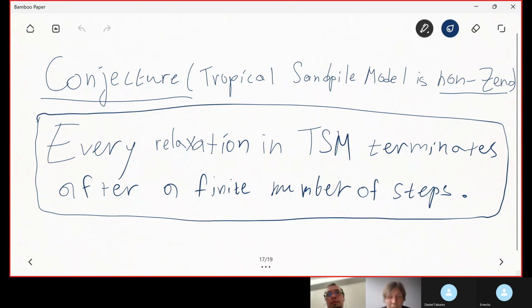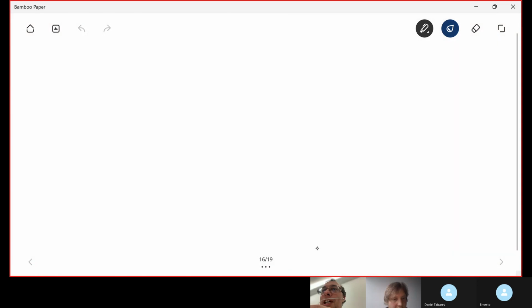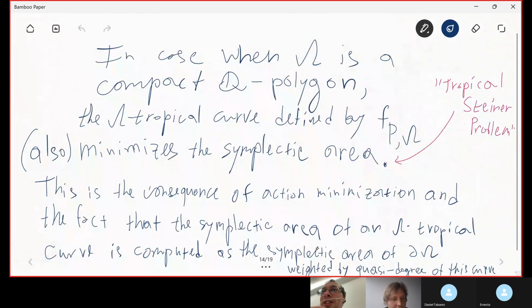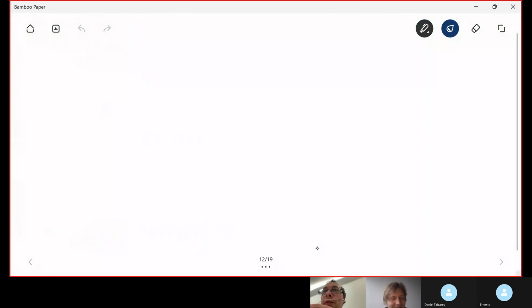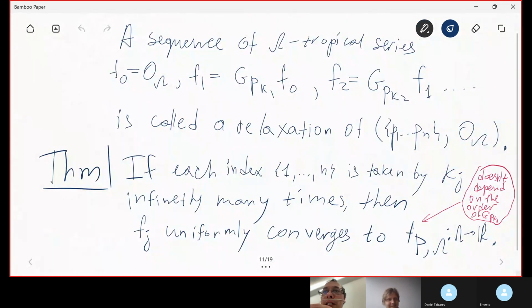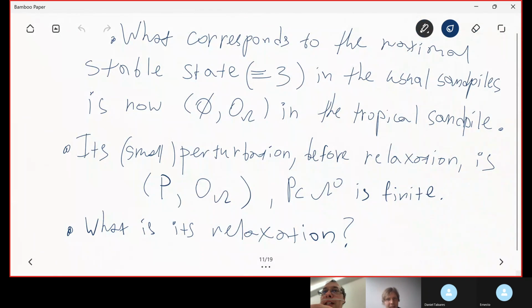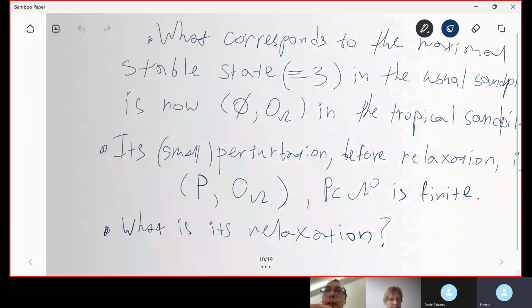So in what follows, for example, in the proof, we don't use that this process actually terminates. Misha, maybe you can remind what is the relaxation here, because here relaxation is not like application of steps. Here the result of relaxation is just defined as a pointwise minimal function, and then there's a theorem which is not trivial.